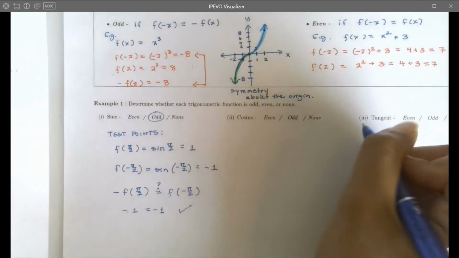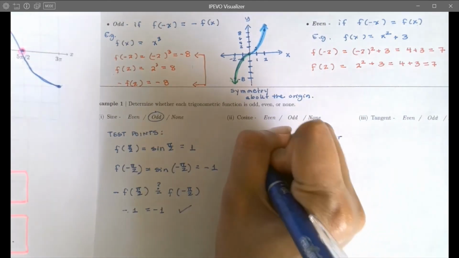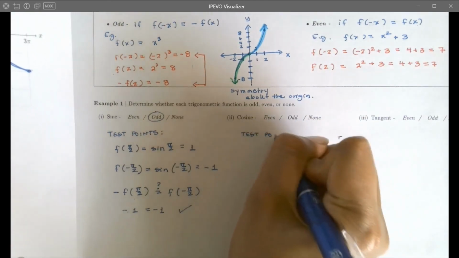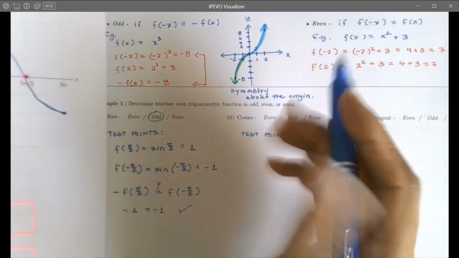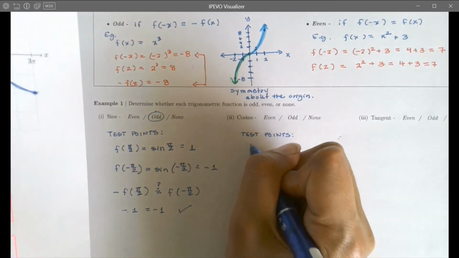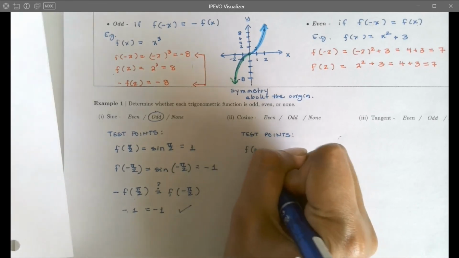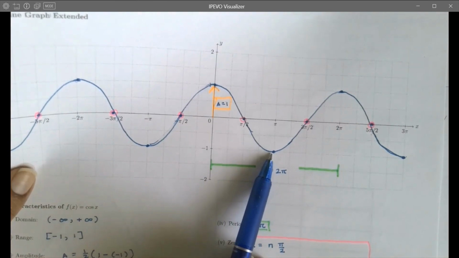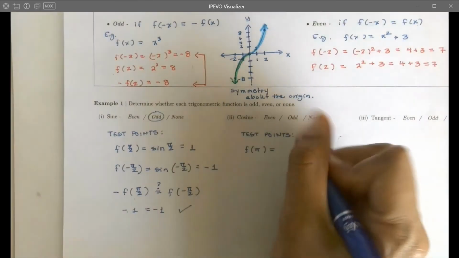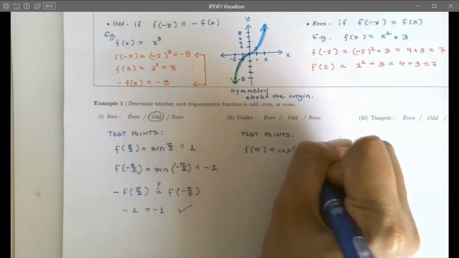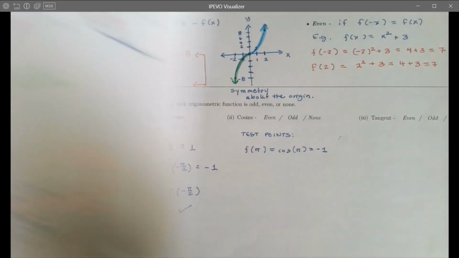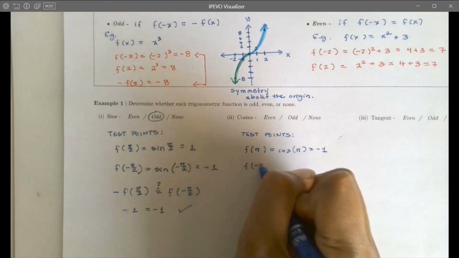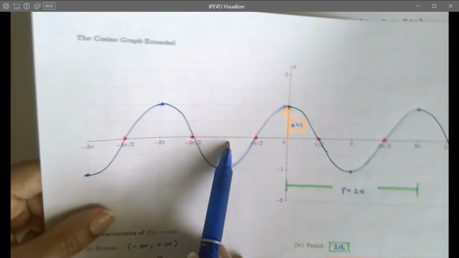But we can just take a look at some points. If I try, for instance, let's say f of pi, cosine of pi gives me negative 1. And then if I plug in f of negative pi, well, here's negative pi.